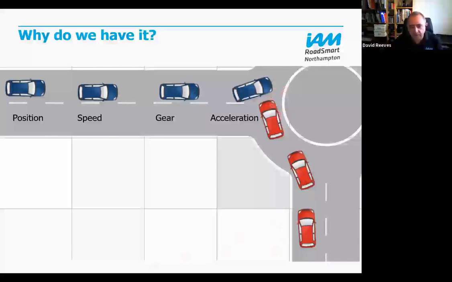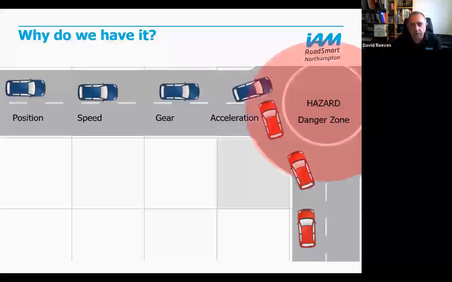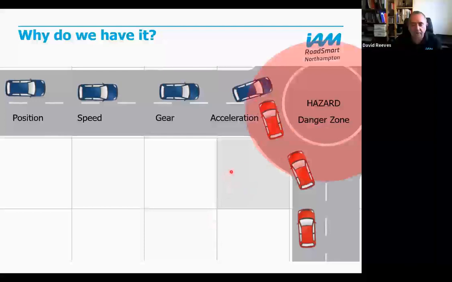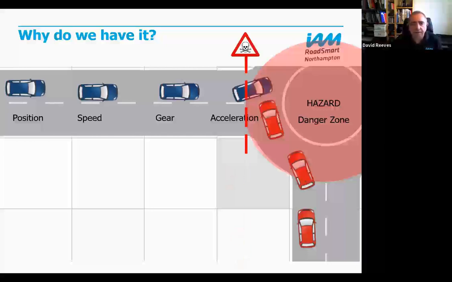Okay, what's he going on about here? Well, this is our hazard. This is the danger zone, where there's a higher probability of us having a collision. What we're trying to achieve by doing this is this. This is the minefield.